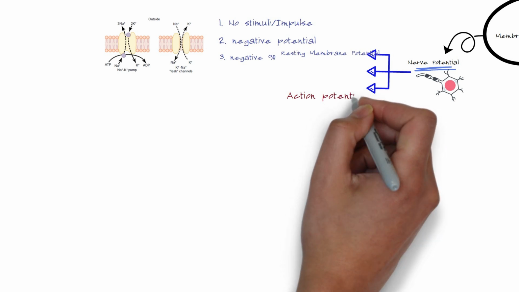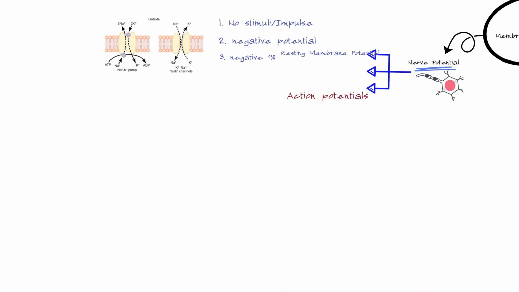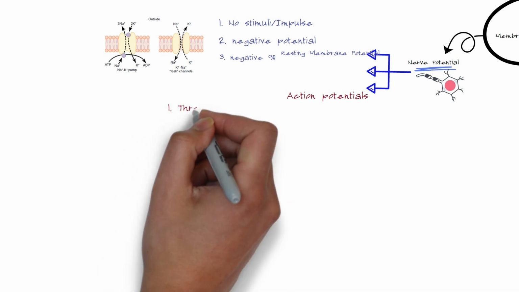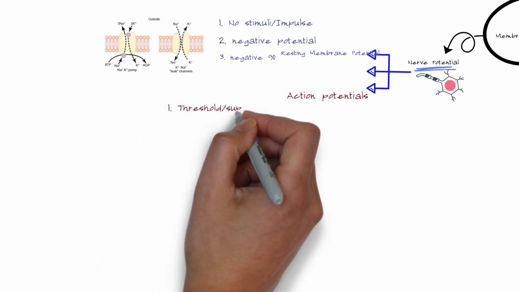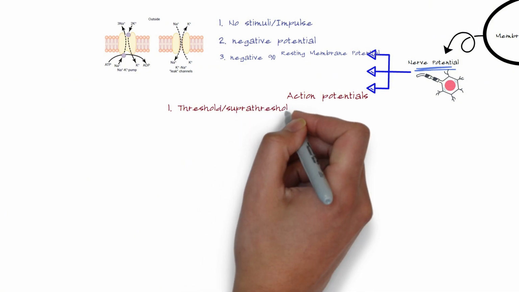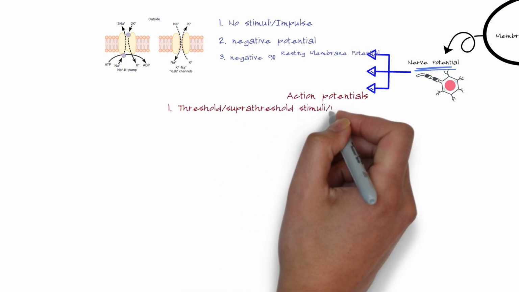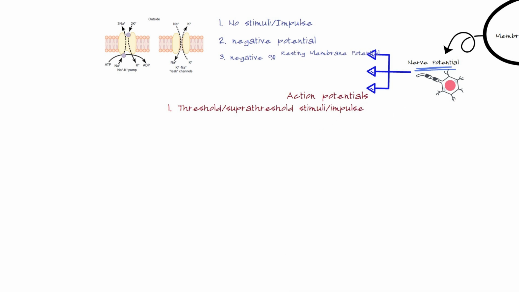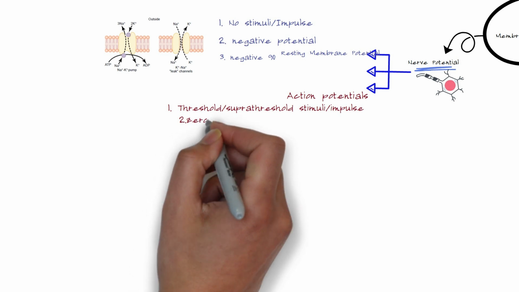Now talking about the action potential, which occurs with suprathreshold or threshold stimuli, which brings the potential from this negative value, either minus 70 or minus 50 millivolts, and this will activate the sodium channels, resulting in the depolarization.